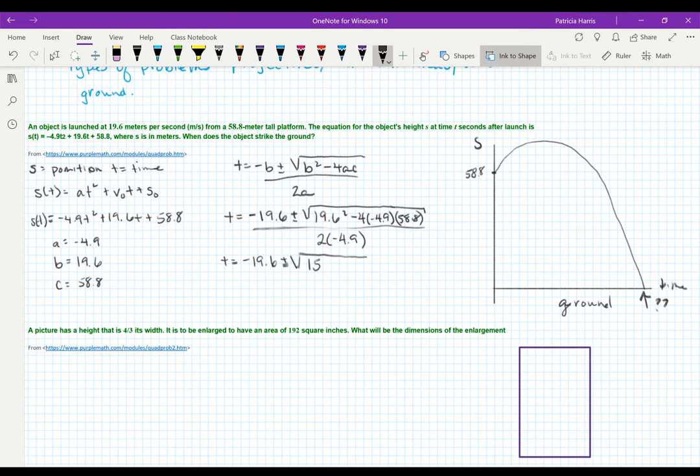Remember to take the square root of that eventually. The denominator is 2 times negative 4.9, which is negative 9.8.